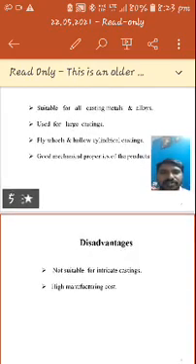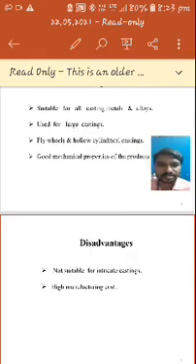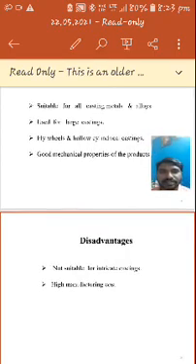It is used for large castings, large size castings. It is mainly used for flywheels and hollow cylindrical castings. It gives good mechanical properties to the product.